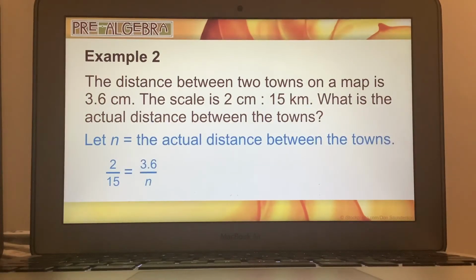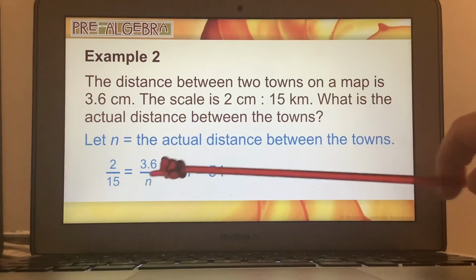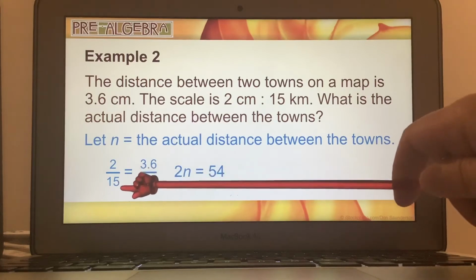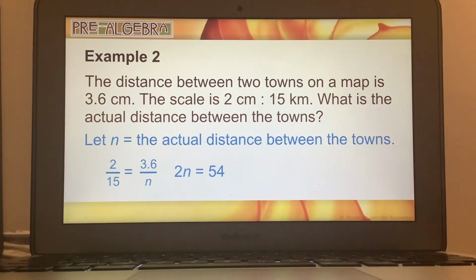So now we can cross multiply 2n, and when you multiply 3.6 times 15, you get 54. And to get the n by itself, you divide by 2. 54 divided by 2 gives us 27. And so the actual distance between the two towns is 27 kilometers.